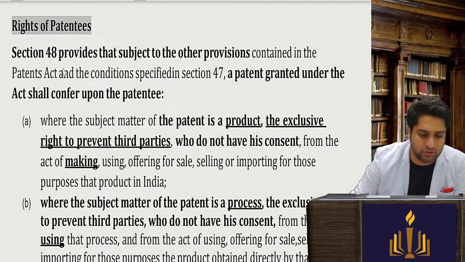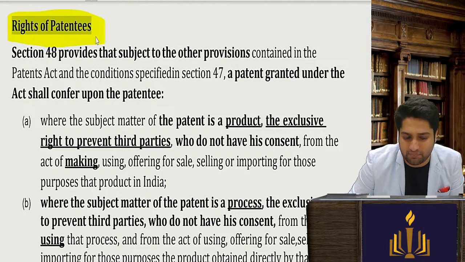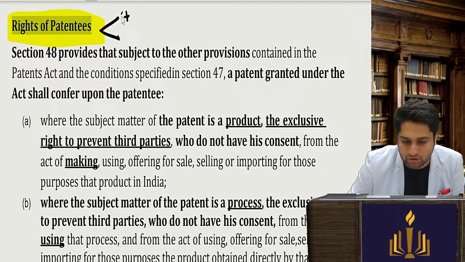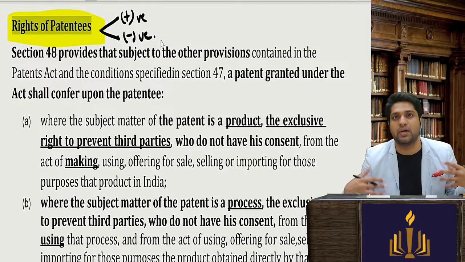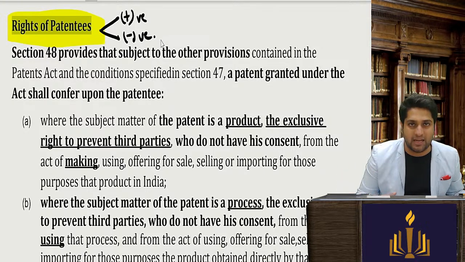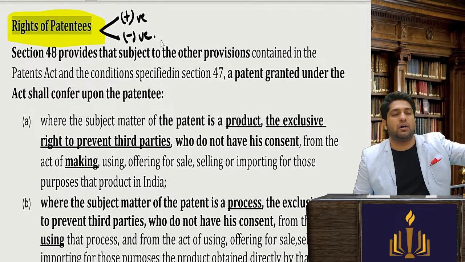Now we are seeing the rights of the patentee. What are your rights? Very, very simple. I can bifurcate it into two rights: positive rights and negative rights. Positive rights are that you can use, you can assign, you can monopolize everything.